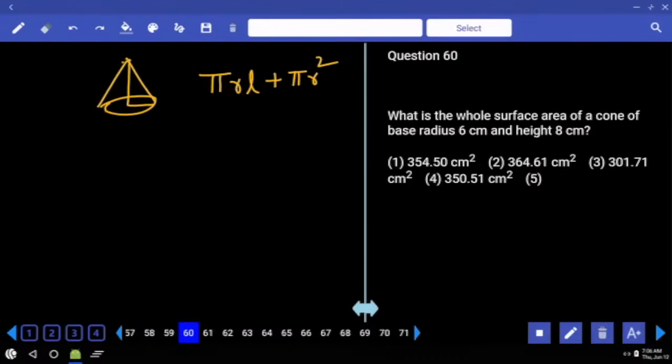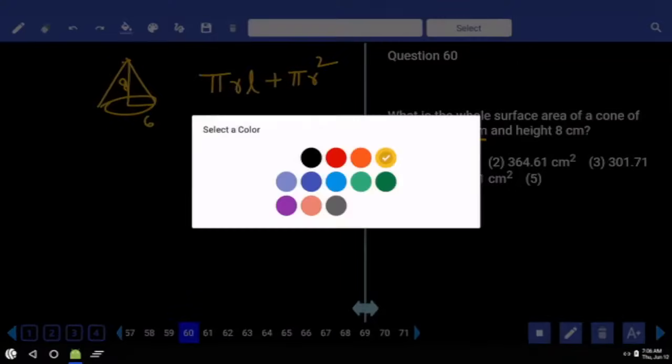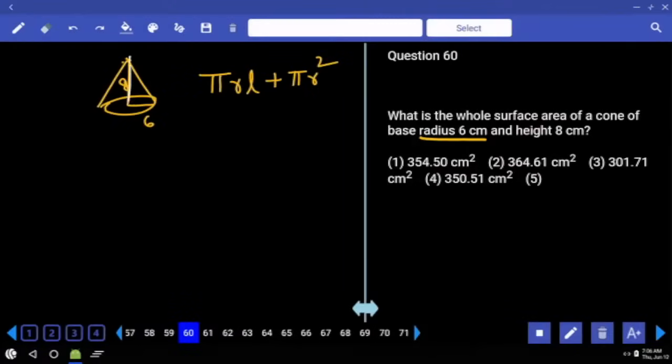Right. So now radius is 6, height is 8. Observe the triangle. This is a right angle triangle. Hypotenuse must be 10.